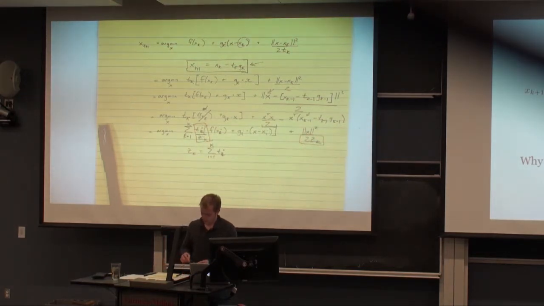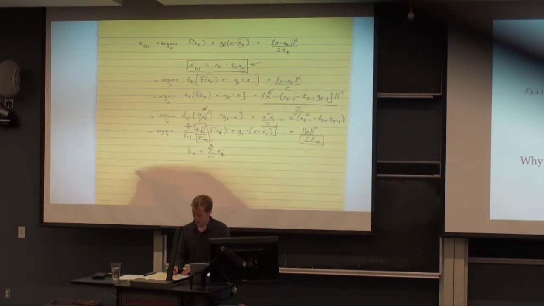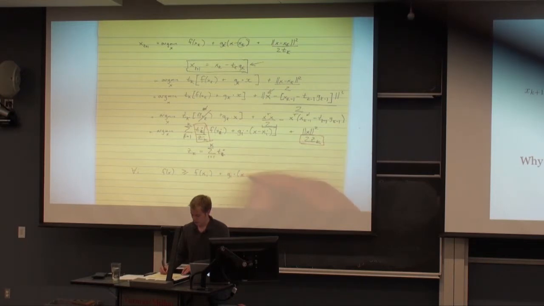Now recall the definition of a subgradient. For all the points where we've evaluated the function, we have f of x is greater than or equal to the linearization at that point. This is just the definition of a subgradient.